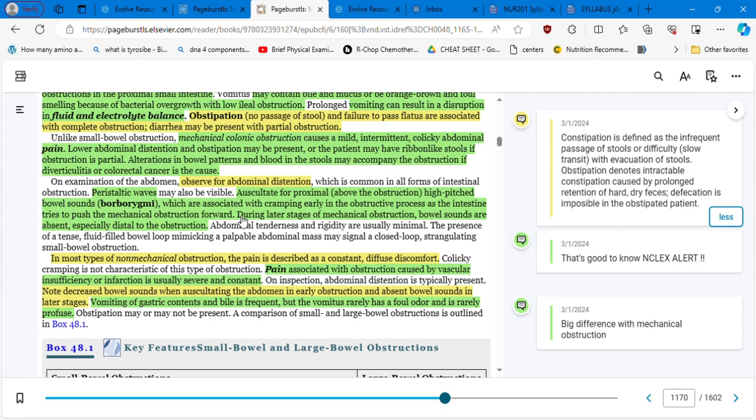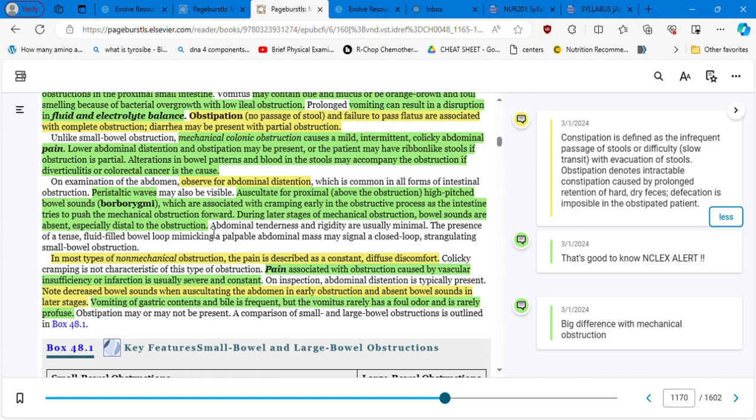High pitch. Now, during later stages of mechanical obstruction, that's why it's very important to do your auscultation every 2, 3, 4 hours. Even though the hospital protocol was every 4, I was kind of obsessed with doing my bowel sounds every 2, every 3 hours. Why? Because in later stages of mechanical obstruction, bowel sounds are absent, especially distal to the obstruction.